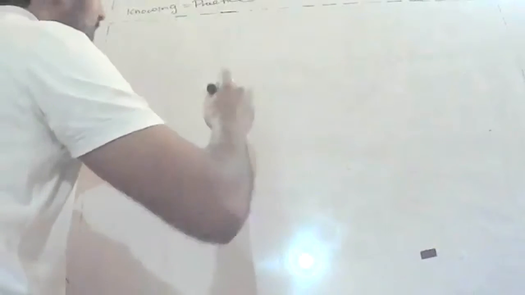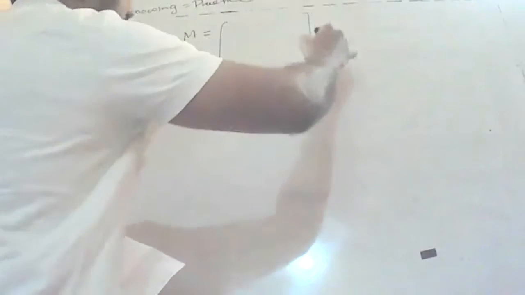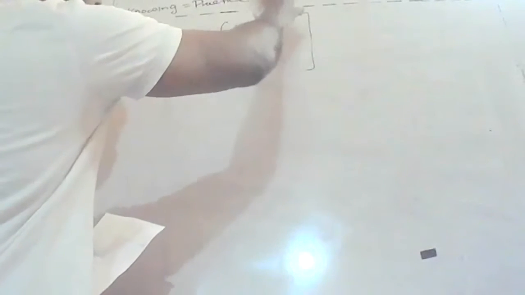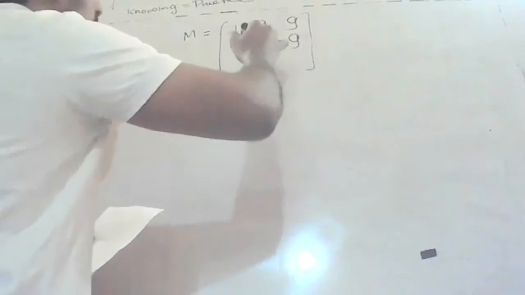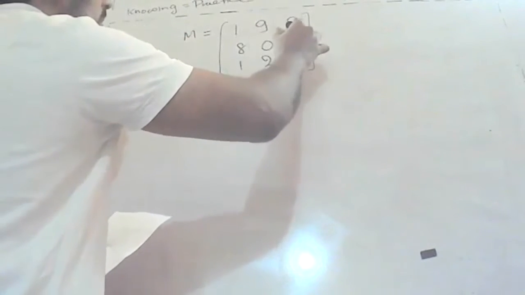So now this is the problem. Let's quickly get back with the problem. This is the matrix we have. The matrix has a name, so let's say it is matrix M, and it is 1 9 9, 8 0 9, 1 2 3.